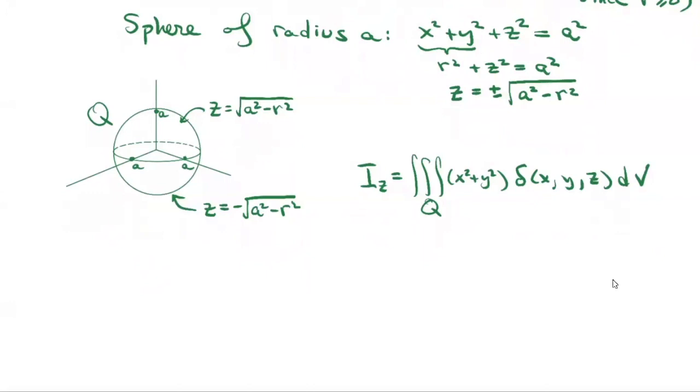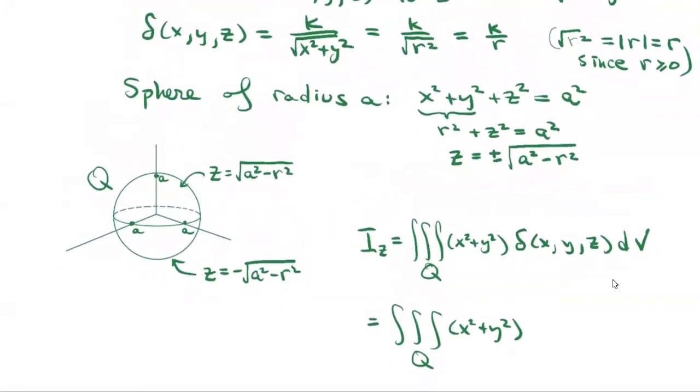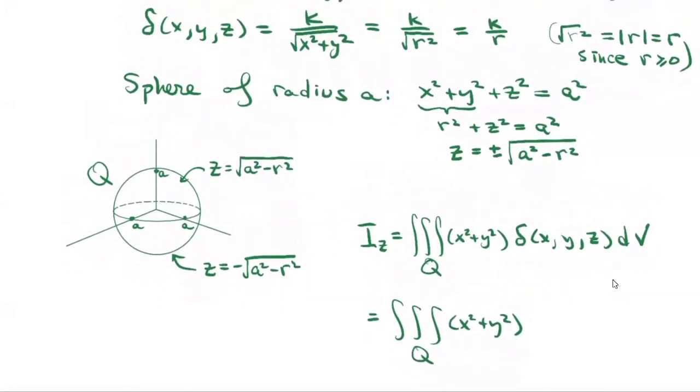All right, and then let's see here. So we're going to do the triple integral over q. We keep the x squared plus y squared. Delta was k over the square root of x squared plus y squared.